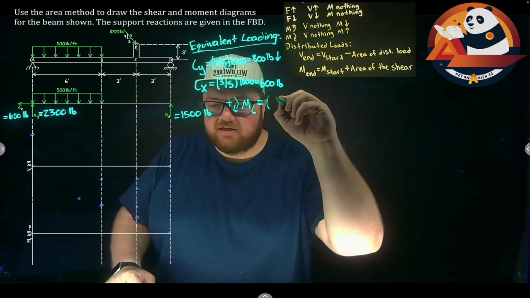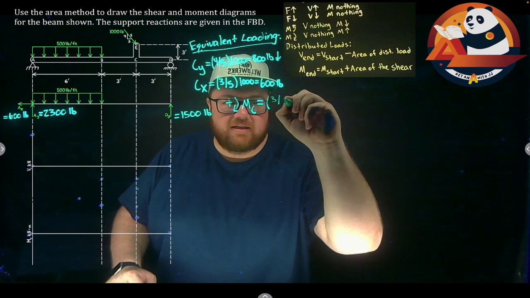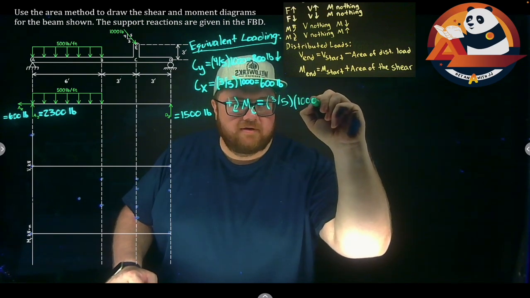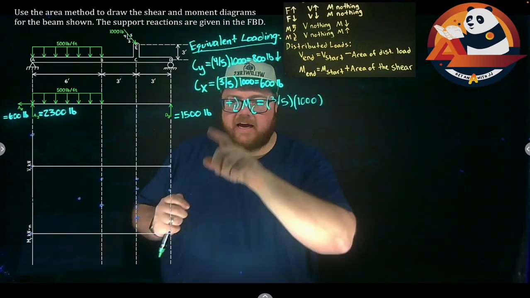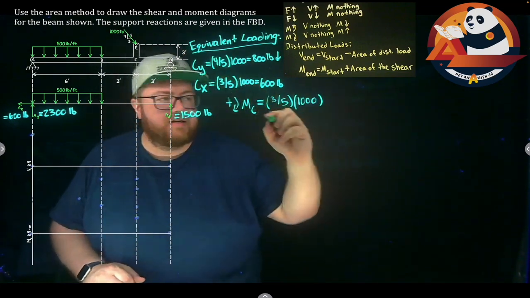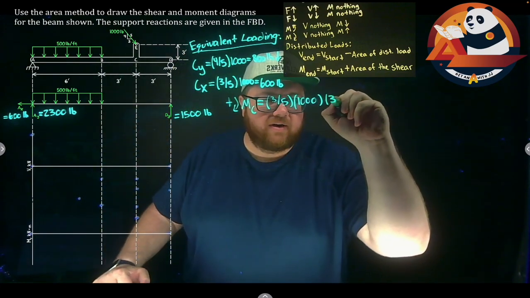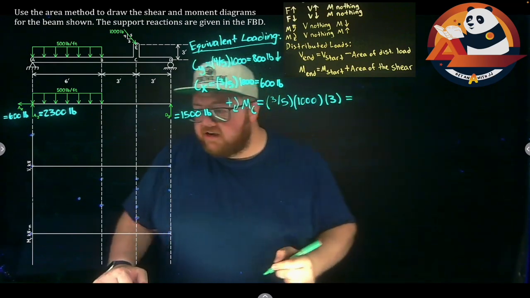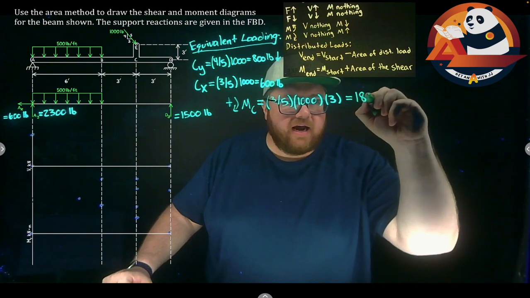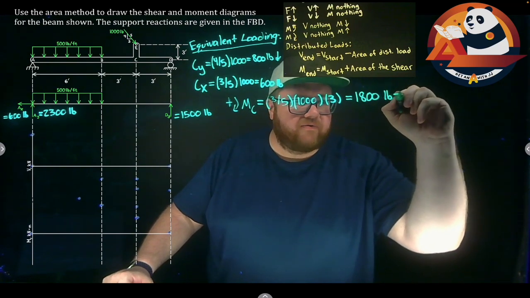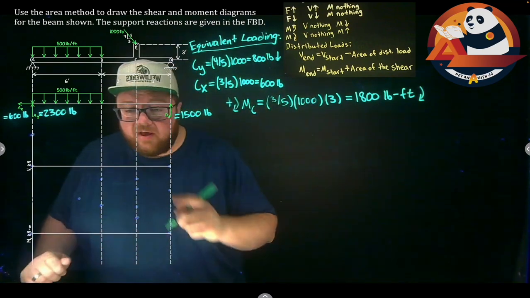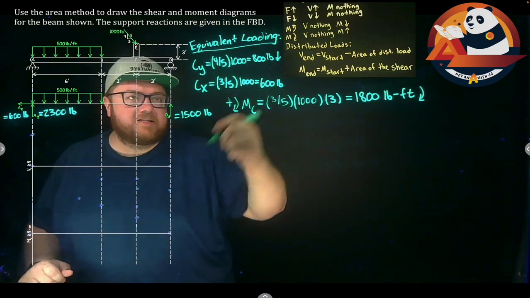Force times distance should be 3/5 of 1,000, or that's really just our CX value, times that distance we moved it down, 3 feet, times 3. So I'm going to have to introduce a couple moment that's 1,800 pound-feet going clockwise. In my free body diagram, let's go ahead and add these three things in.